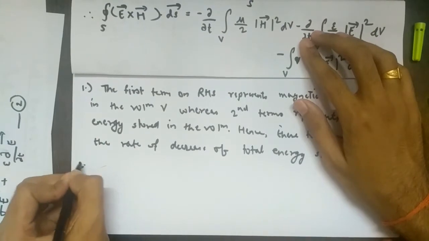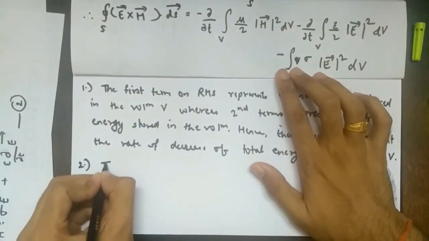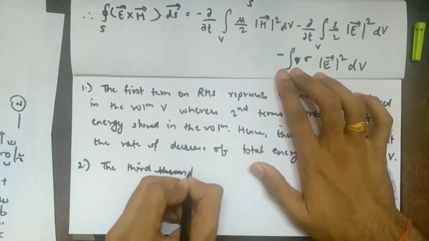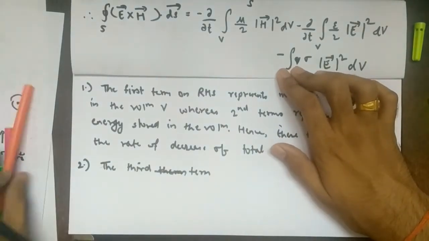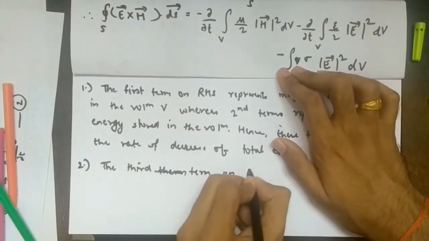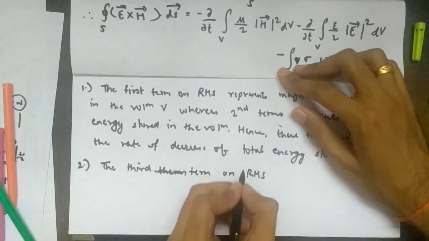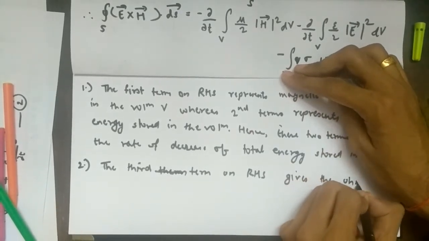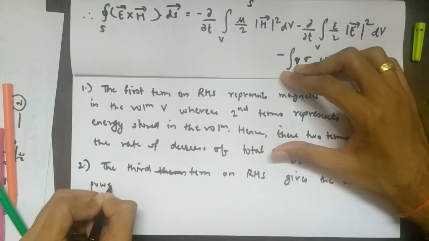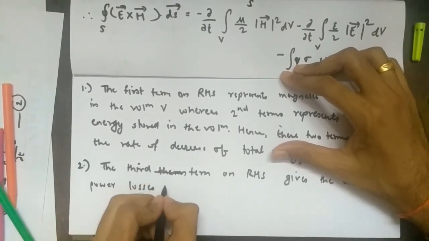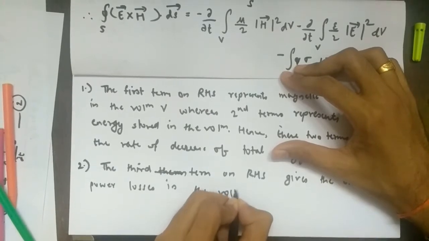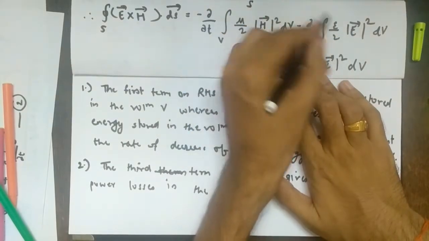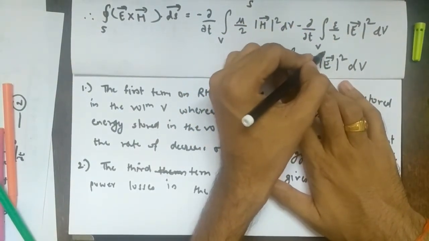So let's see the next point. What is remaining is the third term on the RHS, and we saw that it represents the ohmic power losses in the volume V, right? So this is the rate of decrease of total energy, and these are the ohmic power losses.